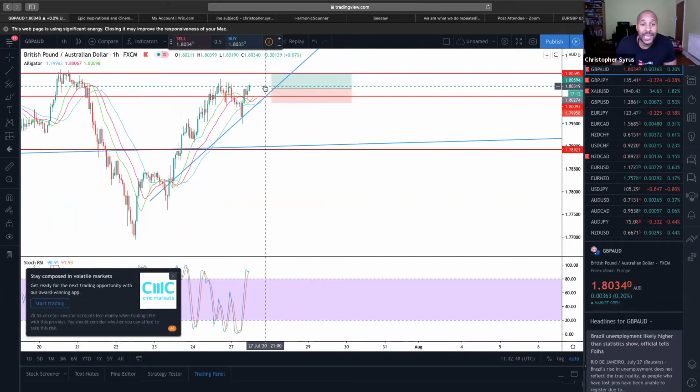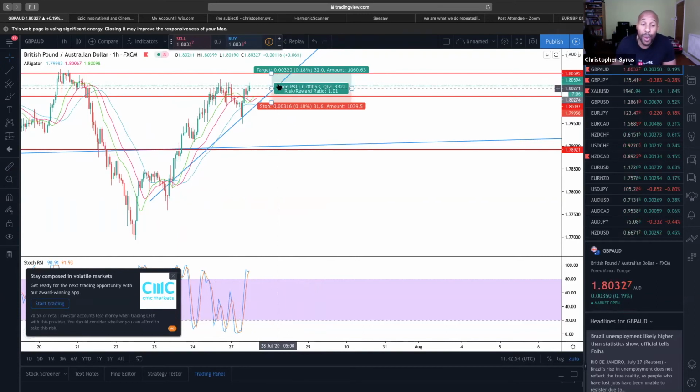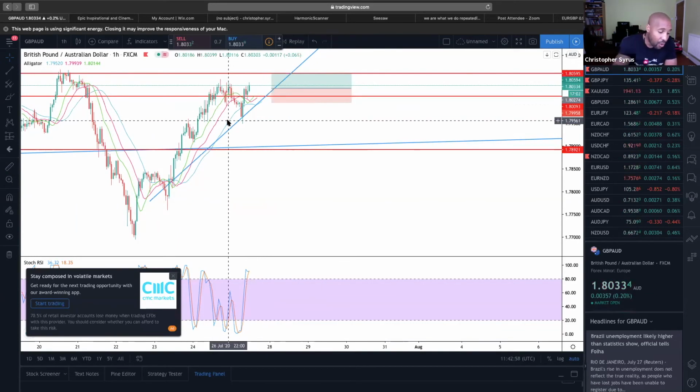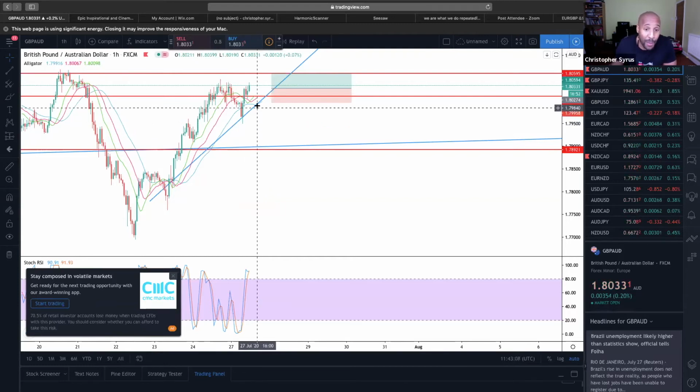Now, pips is just a measurement of how far it is. How much money that is depends on how much you put per pip. So when you go into your MetaTrader 4 app, it asks you how much you want to put per pip, essentially. So it's got 0.00. If you've done 0.10, that would be £1 per pip.